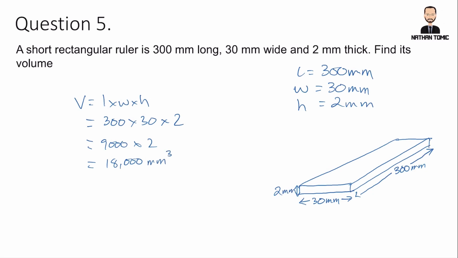So that ruler has a volume, an internal measurement of 18,000 millimeters cubed. Now this is a worded question. So again, we need a worded answer. So the ruler's volume is 18,000 millimeters cubed. Simple as that.